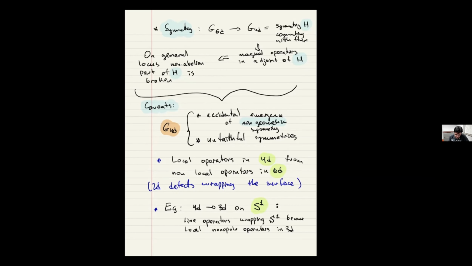Another caveat is that I have discussed only compactification of local operators by smearing them on the surface, but non-local operators in 6D can also give rise to local operators in 4D. You can take a certain surface defect, wrap it on a surface, and obtain a local operator in 4 dimensions. It might be that it will give a relevant operator.